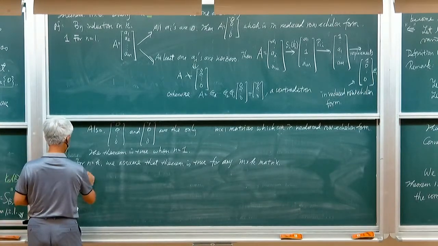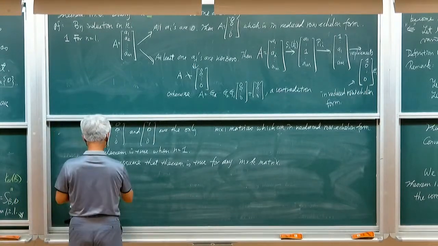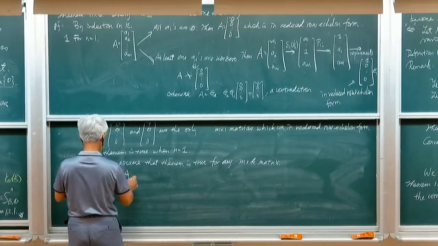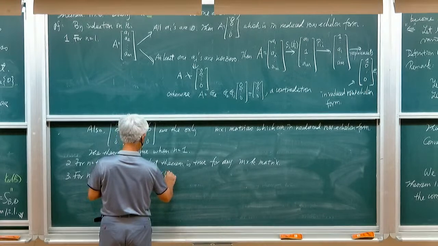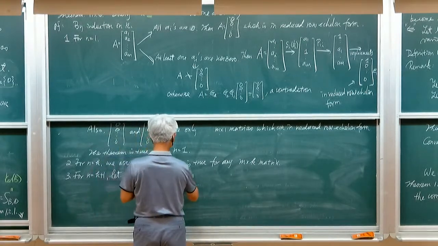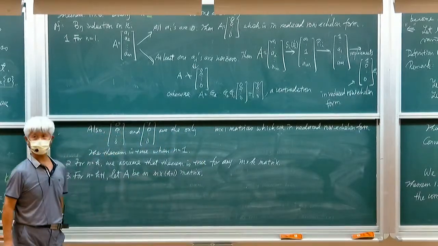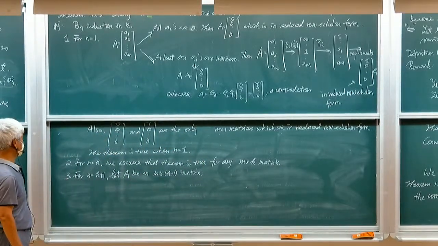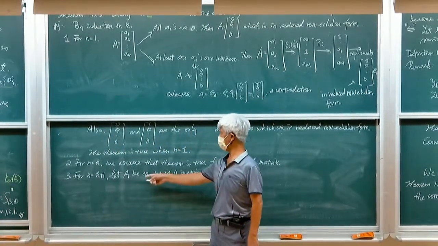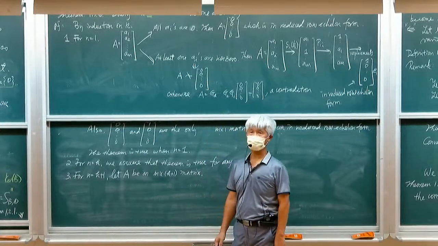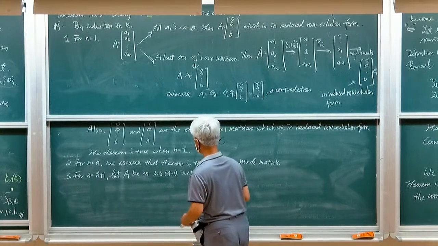Now for n equal to k plus 1, we let A be an m times k plus 1 matrix. Okay? And we have to show that such an A has one and only one reduced echelon form.